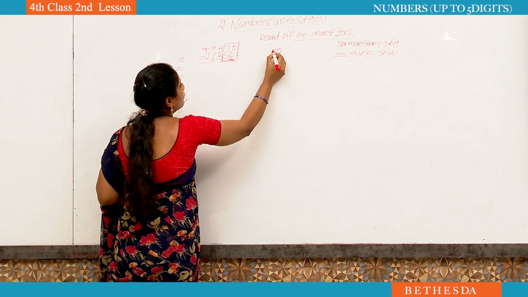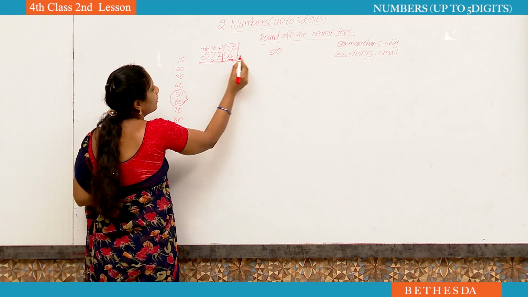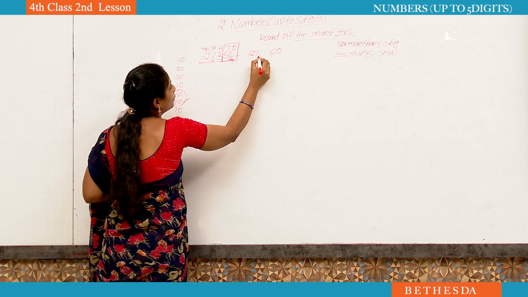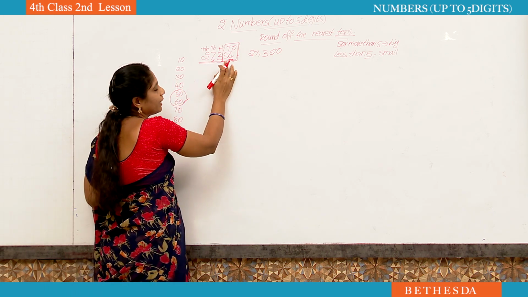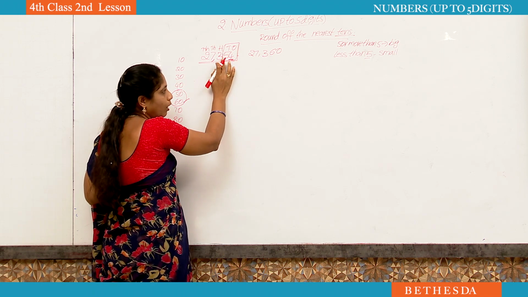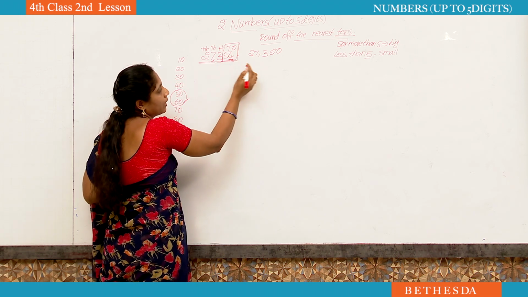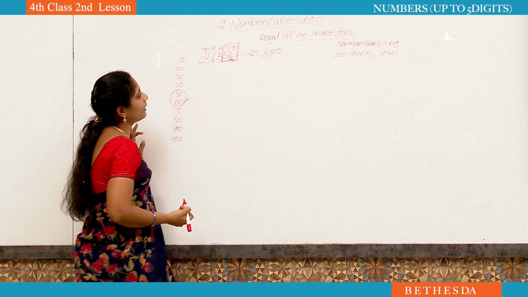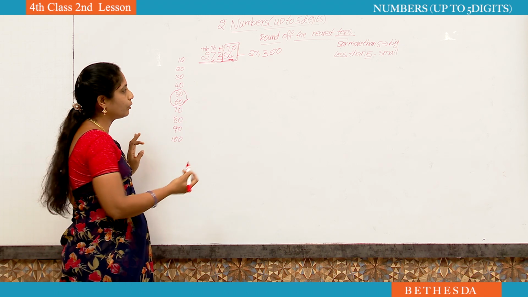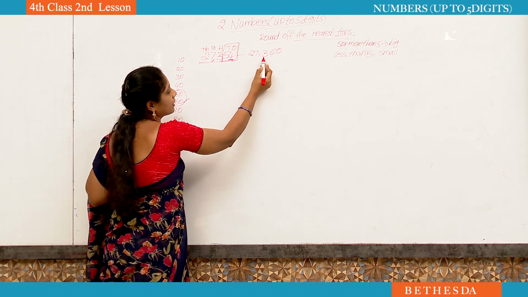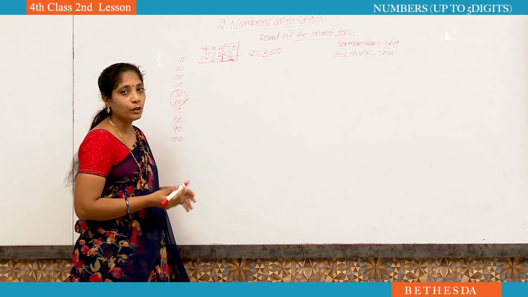Now, 60 we have to write. Remaining numbers as usual we have to write. Don't forget that. We have to change from the tens place only. Now, the nearest tens for 27,354 is 27,360. Did you understand this?